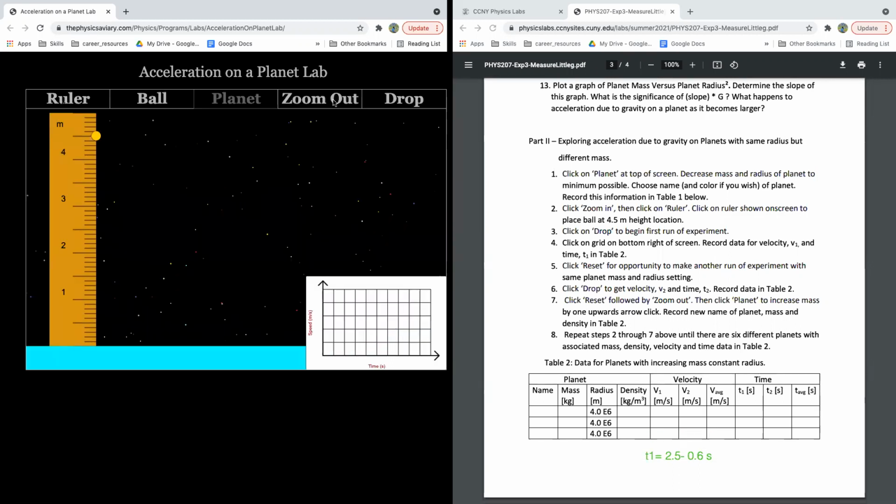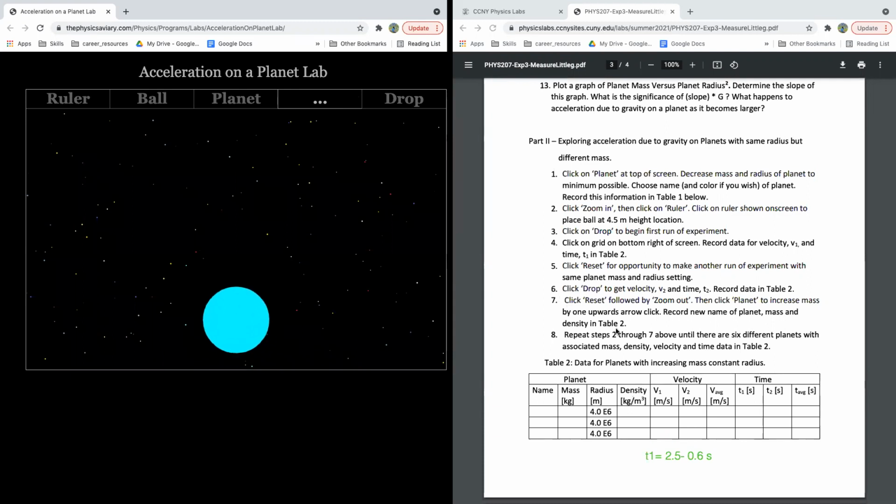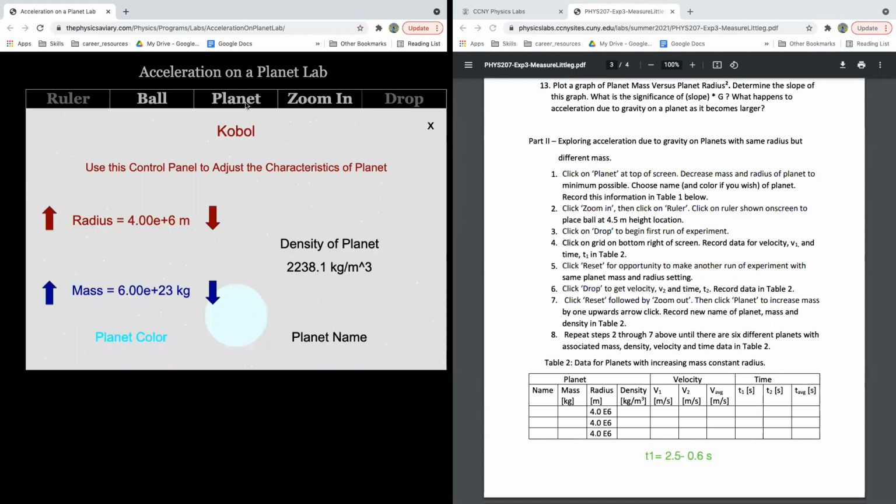Then reset and zoom out. Click planet to increase the mass by 1 upward arrow click. Change the mass, 1 up. Record the name of planet, mass, and density in table 2.